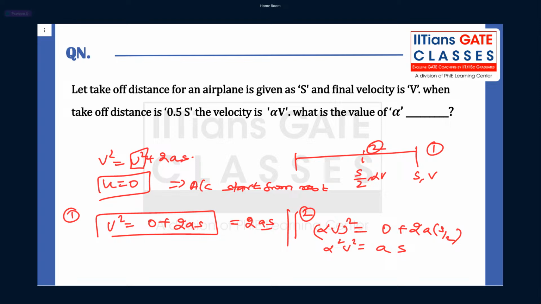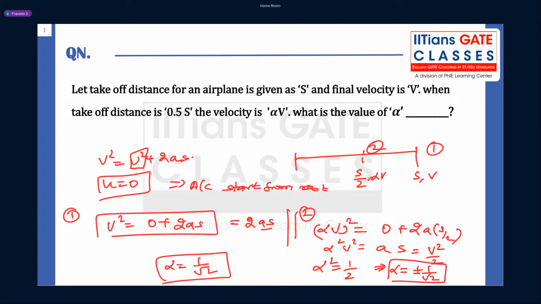So in here I'll have V square by 2, V square gets cancelled off, and I'll have alpha square is equal to 1 by 2. That simply means alpha is equal to plus or minus 1 by root 2. You can take the positive value obviously. So alpha is 1 by root 2. Hope that is clear. So moving on to the next question.